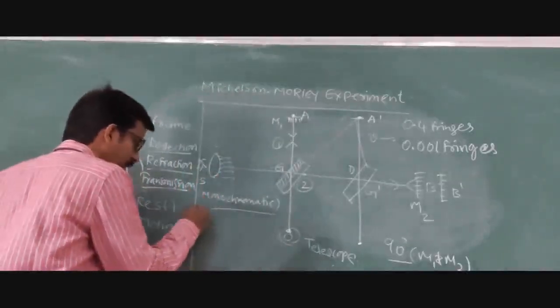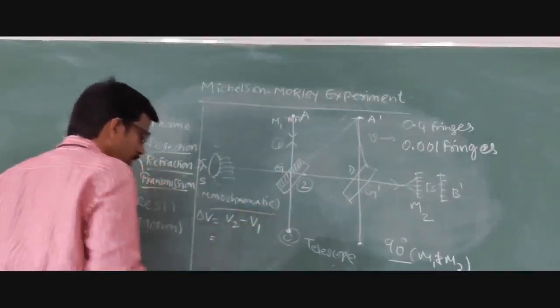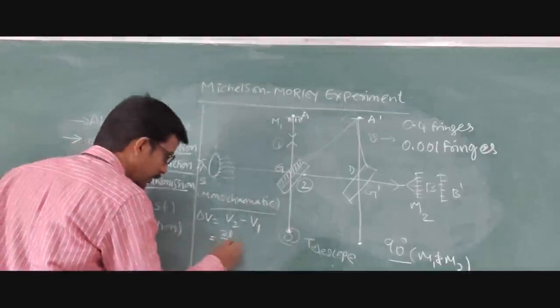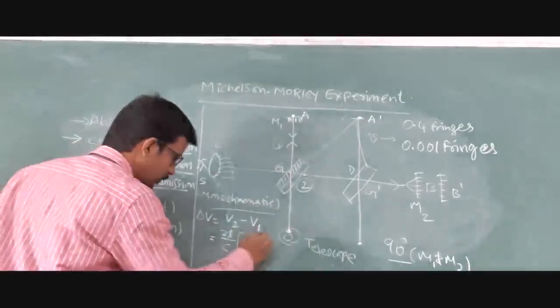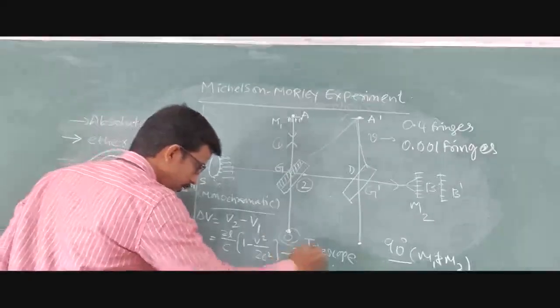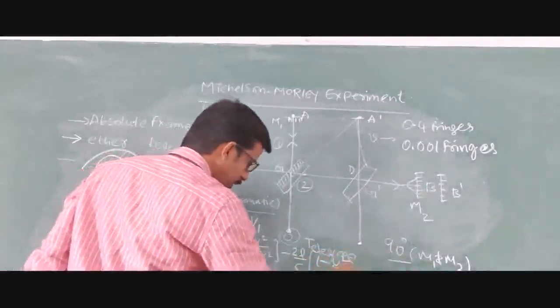Whatever the value, delta t equals t2 minus t1. So they got two values, the difference between the two light rays. One is going towards the rest position, another is at a constant position. Like that they got the two values. Let us see the two values: 2L by c times 1 minus b square by 2c square, minus 2L by c times 1 minus b square by c square.